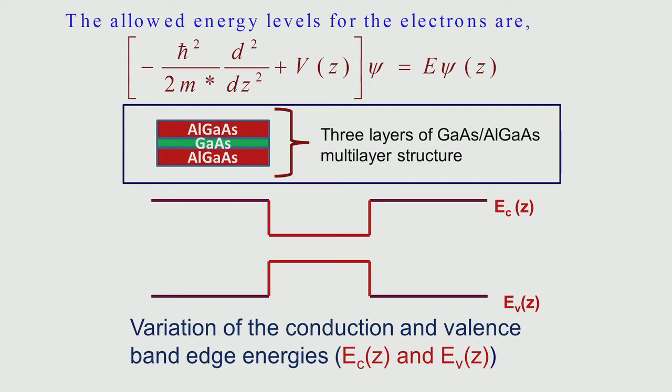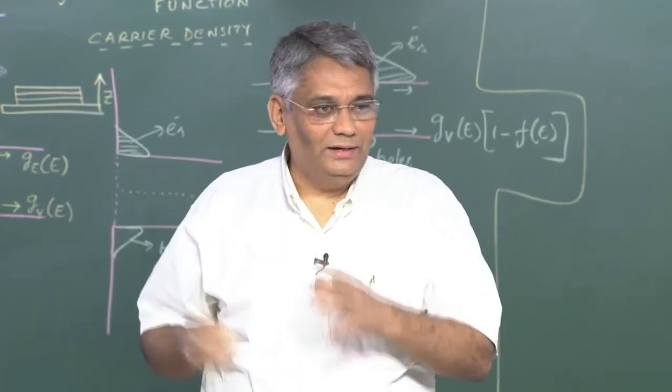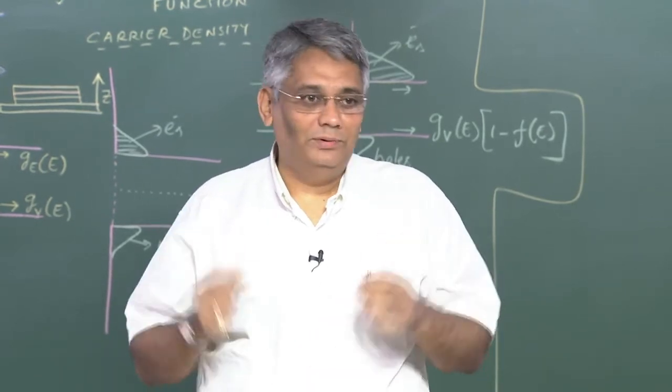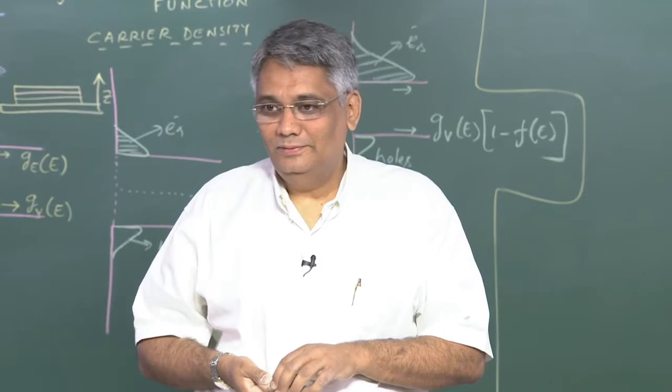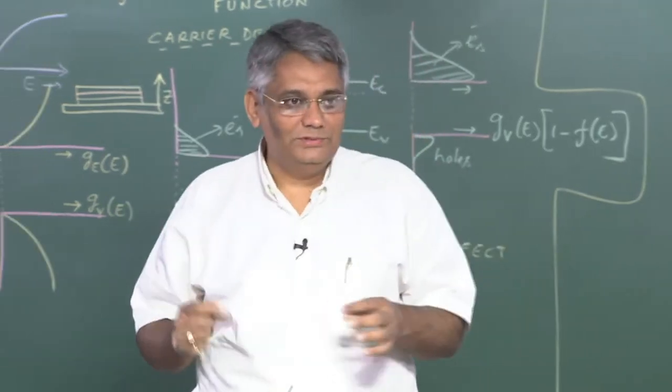You look, the moment you see a band picture like this, of course the energy scale here, growth direction, energy scale in this way. The moment you see a band diagram like this, you should realize that the band gap tuning has happened. So in one way I was talking about the band gap engineering.